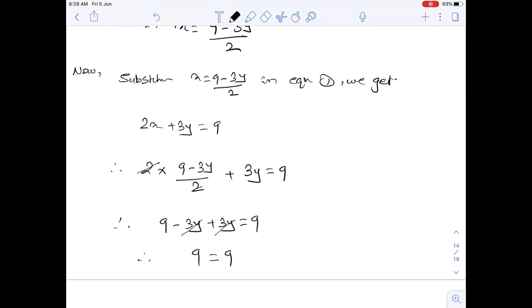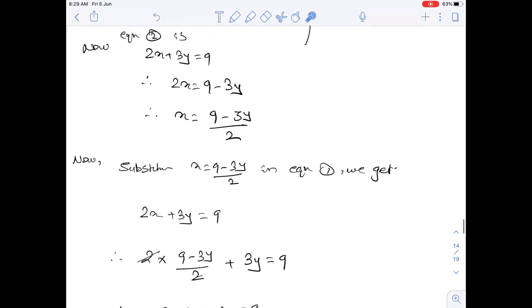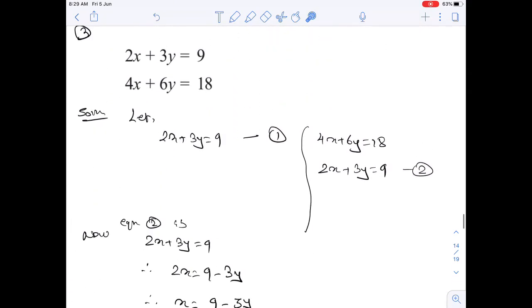Now whenever we get such a condition where the value of LHS is equal to RHS, it means that the given pair of equations will have infinitely many solutions.